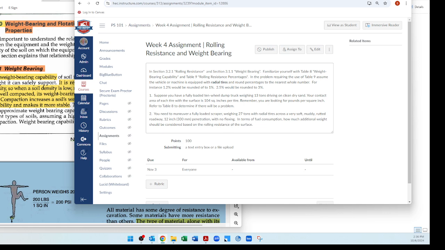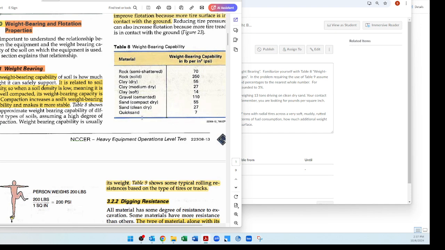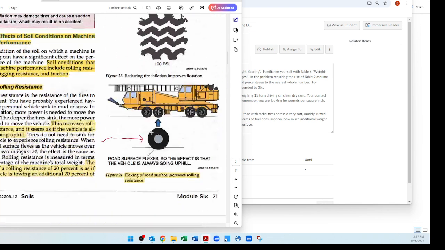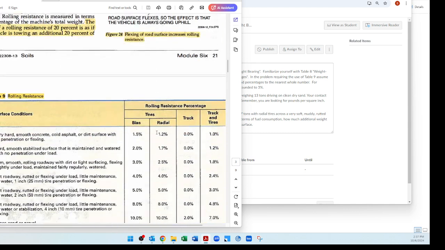In other words, the road's kind of solid. In terms of fuel consumption, how much additional weight would we have? So let's go back to this surface area. That means we have to go to Table 9. Bear with me while I find Table 9, which should be kind of close. I just saw it referred to.